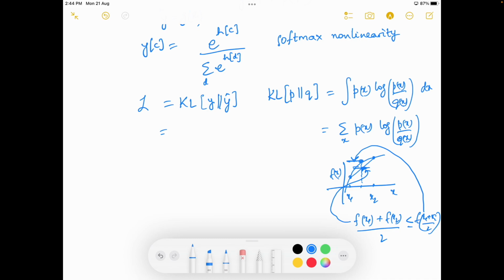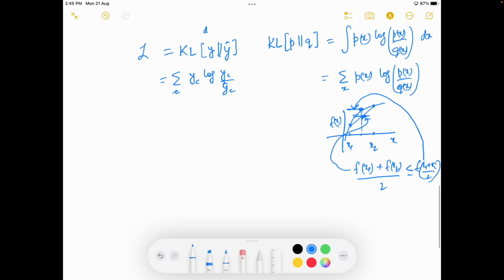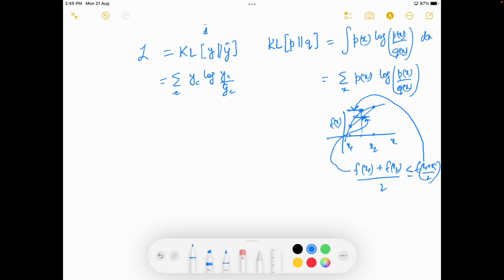This is equal to the summation over all c of yc log of yc upon y hat c, where the log is to the base e.